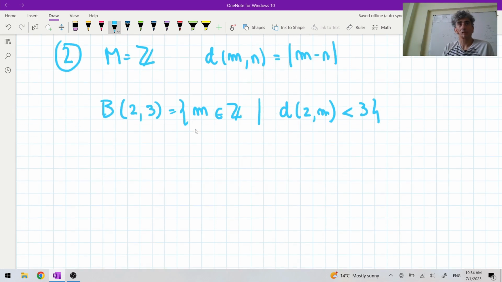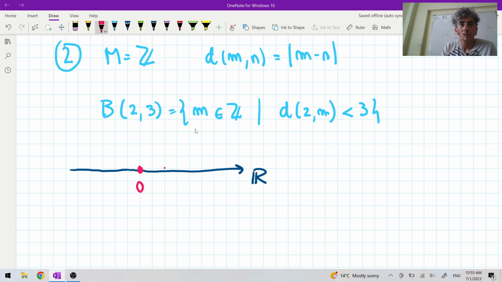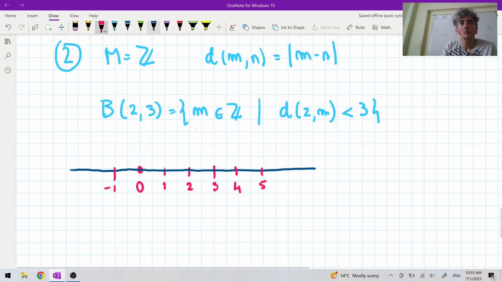Oh, if you take a look at the real numbers, this is a real line, and we pick a place for 0, then you have 1, 2, 3. Let me correct this a little bit. I have 4, 5, and say minus 1 over here. So this is a real line.